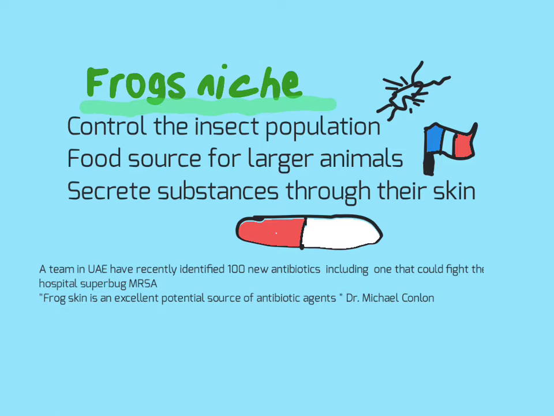And a quote from the biochemist working there, Dr. Michael Conlon, said that frog skin is an excellent potential source of antibiotic agents, primarily because the secretions are so unique and in some cases toxic and poisonous, but in many very worthwhile and possibly useful to us humans.